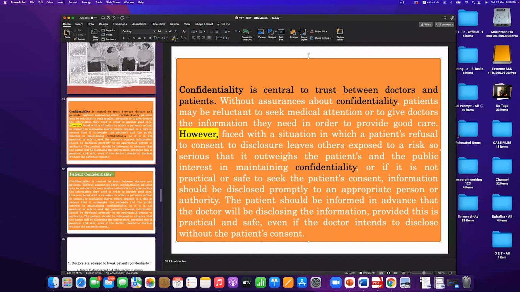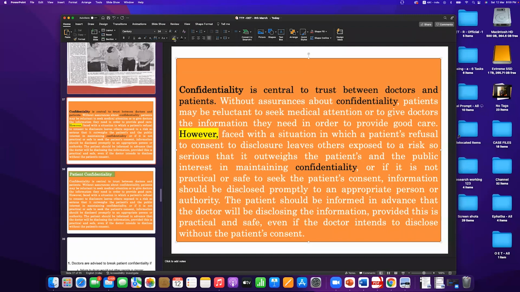So what could be the contrast answer here, or what could be the question here on the exception? See, you should not reveal, you should not speak out, or you should not tell anybody whatever the patients share. But then, however, they are speaking about an exception: the appropriate time for disclosing confidential information.